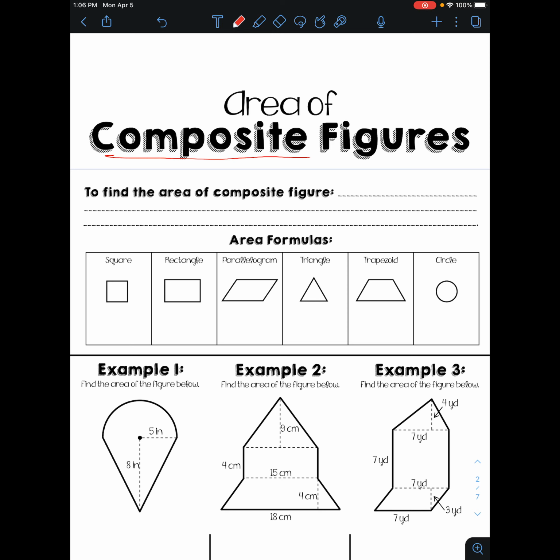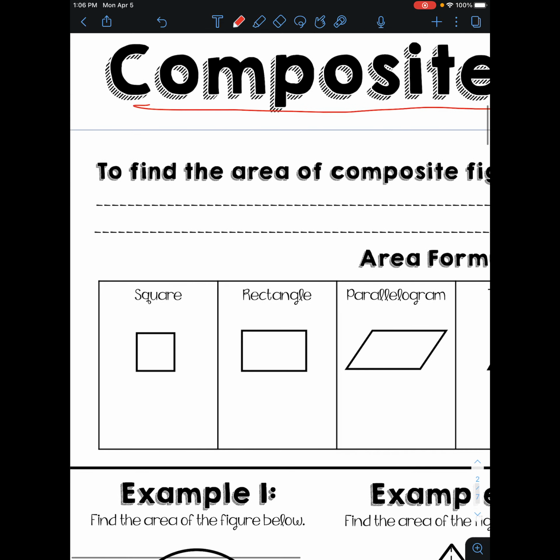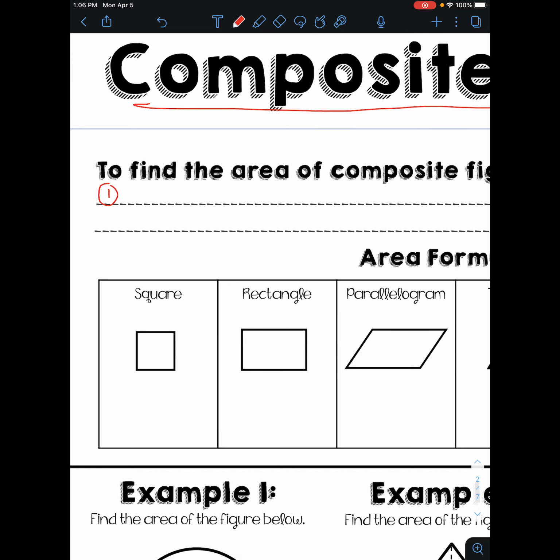Now I'm going to break it down in steps for you, but the basic gist of it is to separate the figure. So here, to find the area of the composite figure, we'll break it down into steps. Step 1, separate into smaller, familiar shapes.